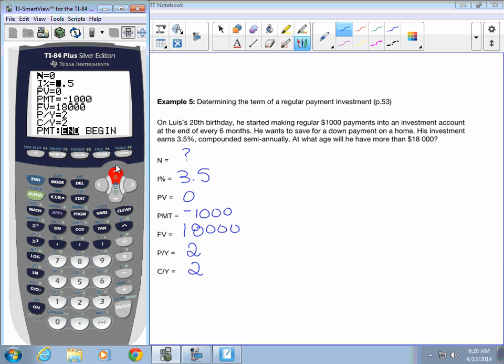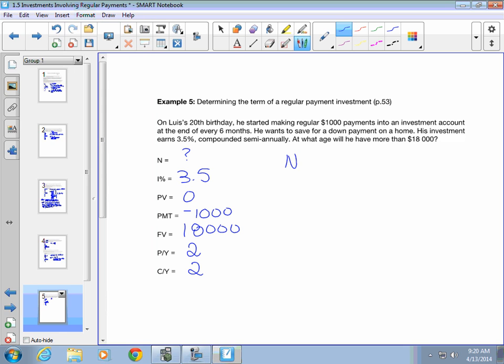Go up to n. Alpha, enter. So 15.78. But remember, that n is being done twice per year. So you have to divide by 2 to get 7.89 years, or basically 8 years.